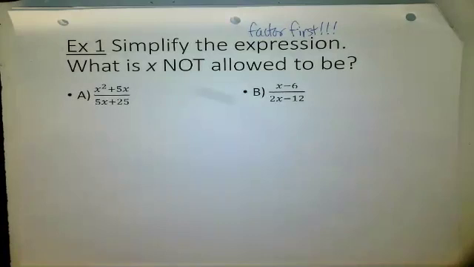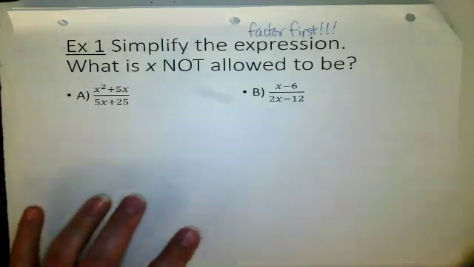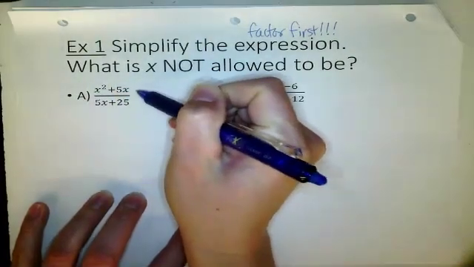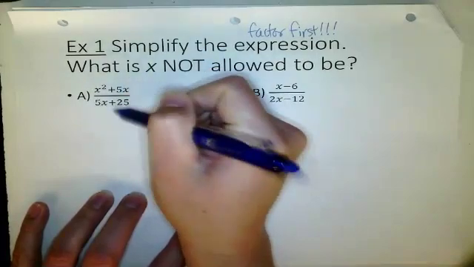Simplify the expression. So we have x squared plus 5x over 5x plus 25. So this is our little rational expression. Rational, fractional, it's a fraction.